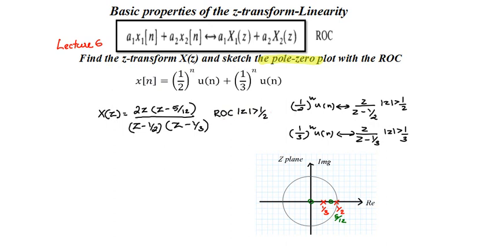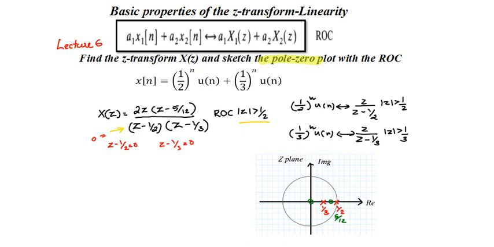For example, the ROC of this particular question is modulus of z greater than 1 by 2. Here you can see that if we equate the denominator, okay, this is the denominator, equal to 0, you will get z minus 1 by 2 equal to 0 and z minus 1 by 3 equal to 0.